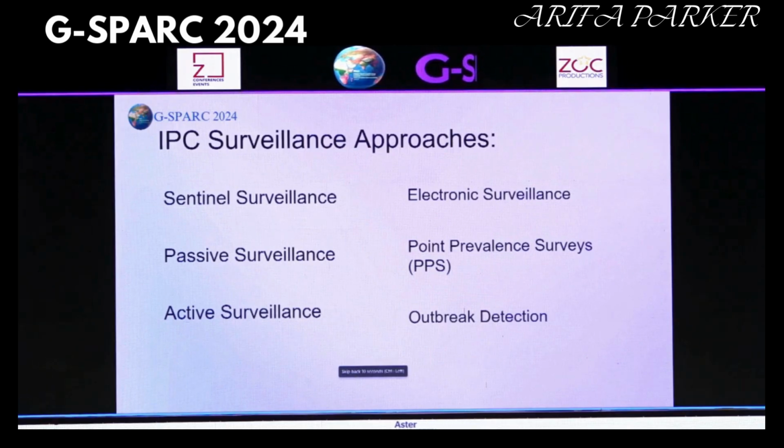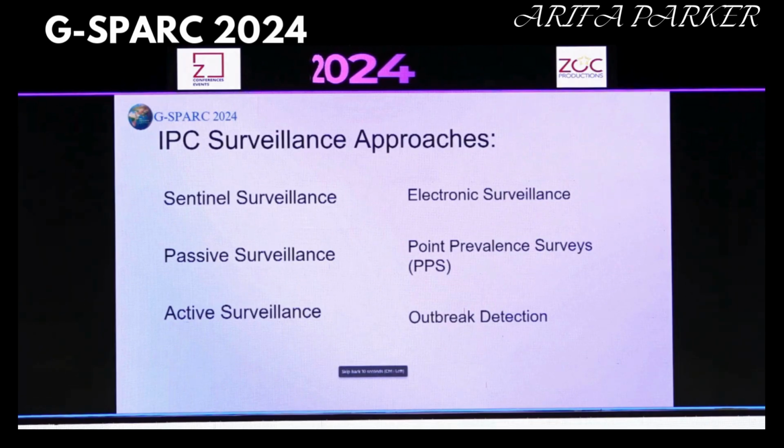Active surveillance is more proactive, where there's identification of infections through regular screening and data analysis, but this is labor intensive and you need a huge workforce, and it's very difficult to do in our setting.